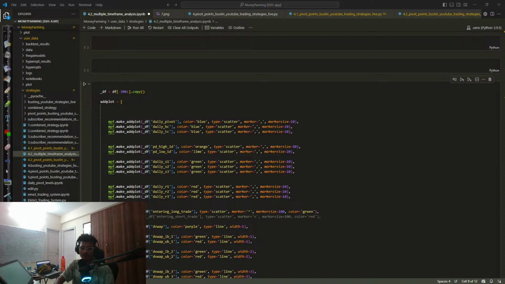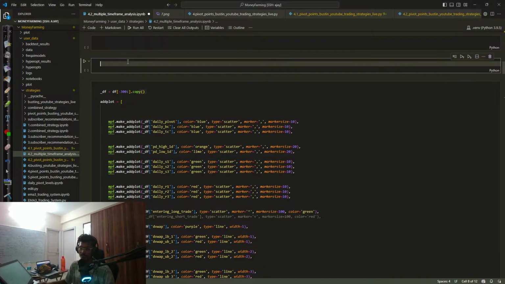So plot 4-hourly pivot levels. Yeah, this one, previous day high low. Fill between, I need the, oh yeah, plot previous 4-hour candle. Okay, so we need this code here.